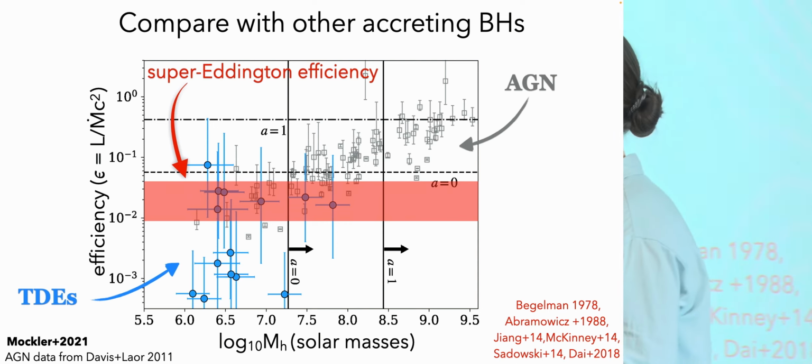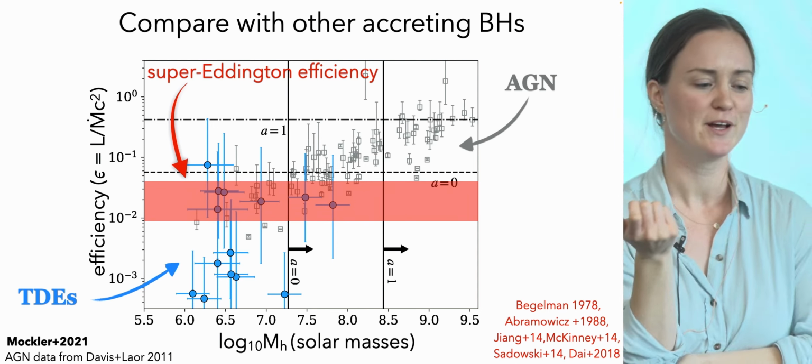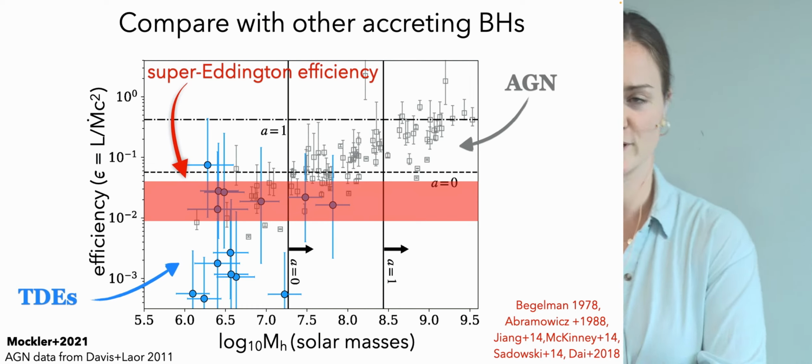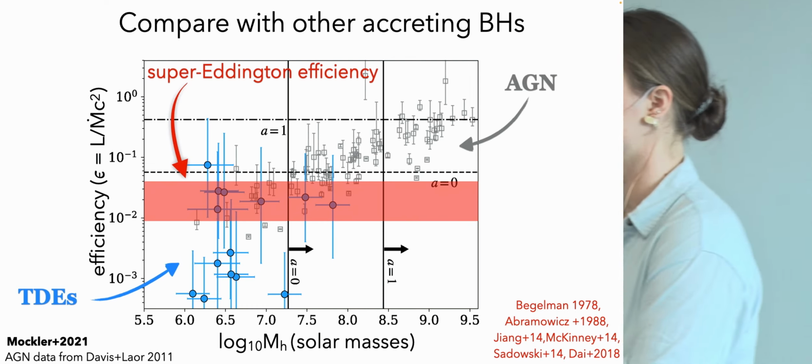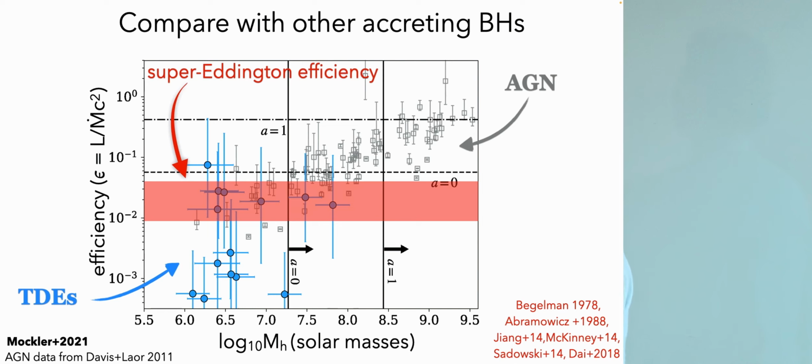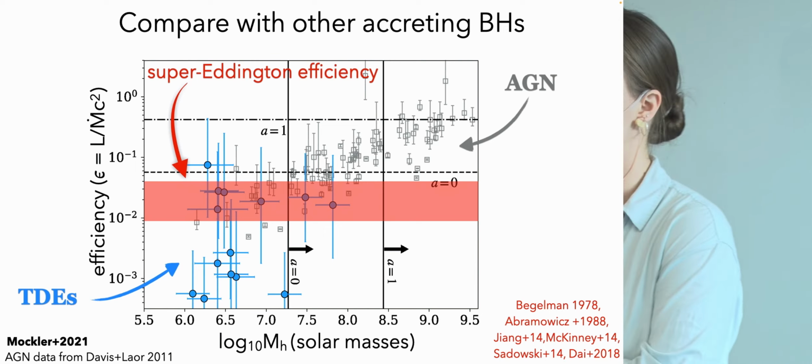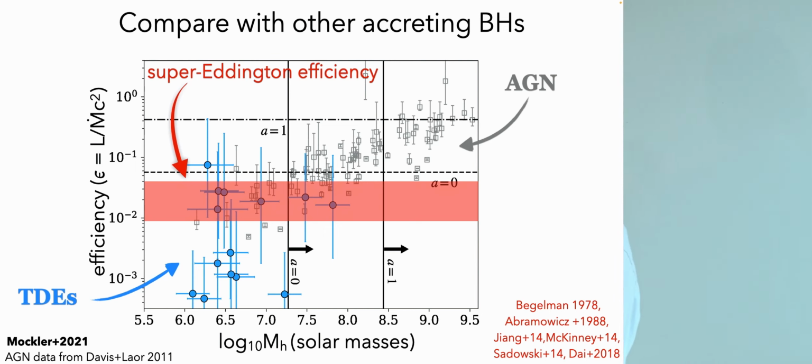We'd love to. In principle, different cusps will predict different rates. If we can get enough TDEs that we can break them down into host galaxy types, then maybe we can say something about it that way.